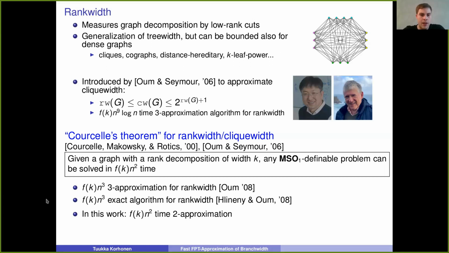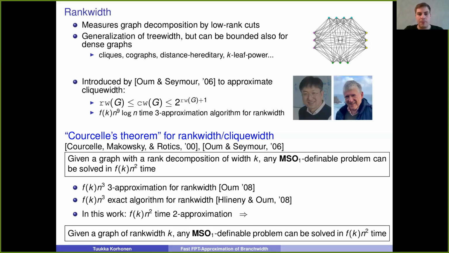In this work we give an f of k times n squared approximation algorithm for rank width, which then implies that Courcelle's theorem for rank width and clique width can be made constructive in quadratic time.